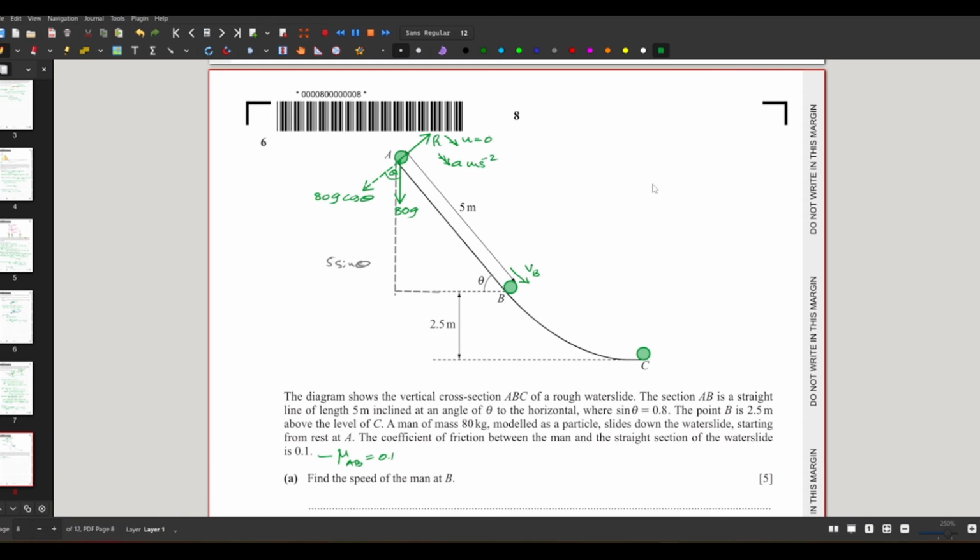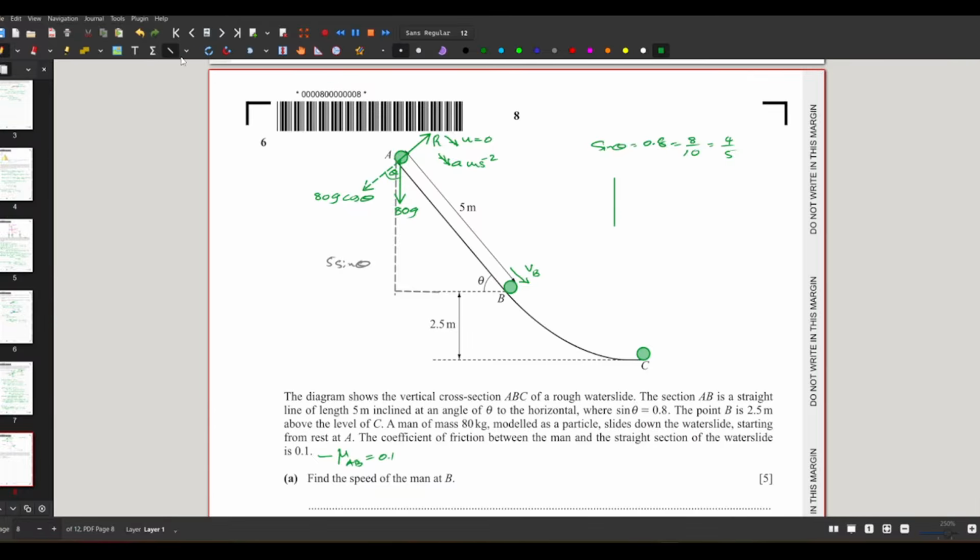Also, here we have cos theta, but we know only the sine theta, right? So they gave us sine theta as 0.8, which is 8 over 10, or we can write 4 over 5.